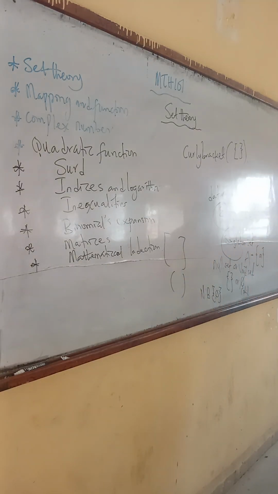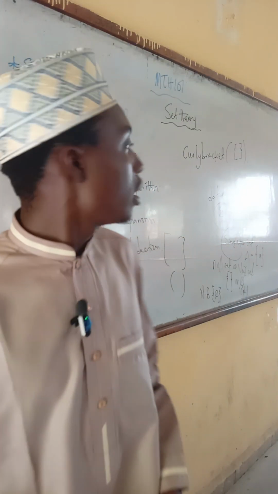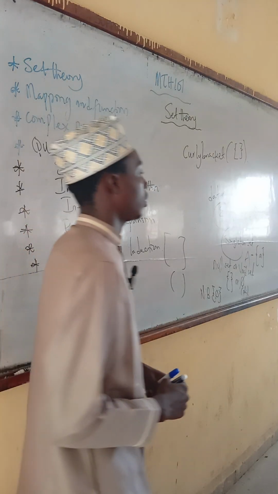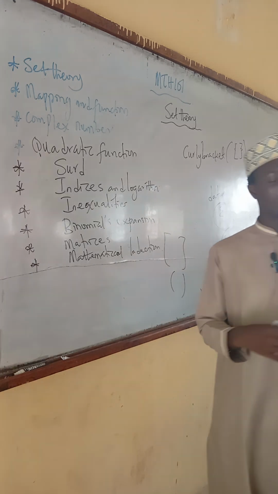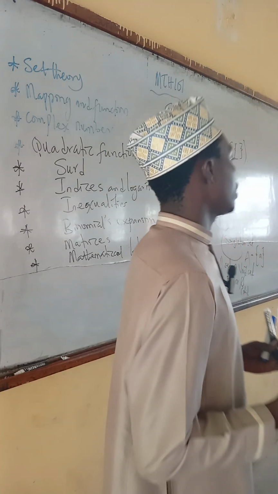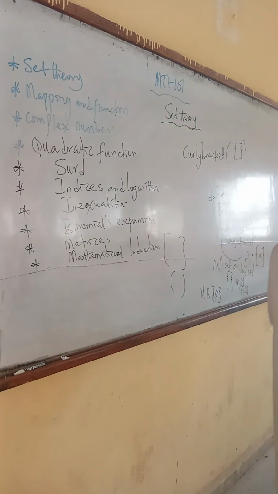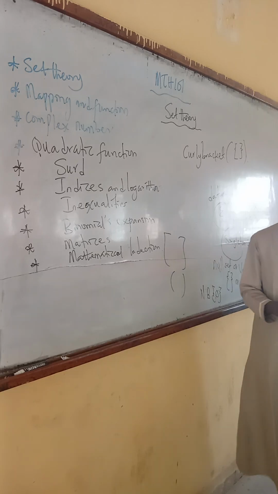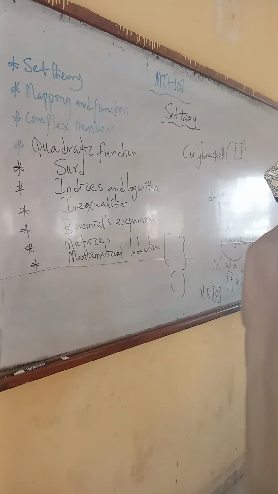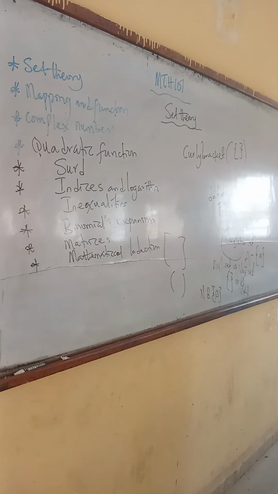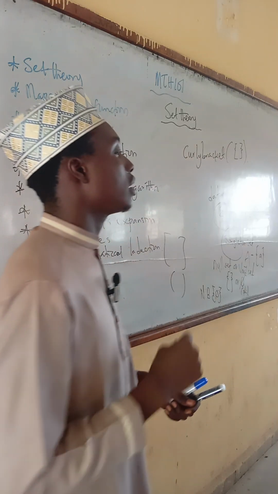Two or more sets are said to be equal if the number of elements in the first set is equal to the number of elements in the second set.